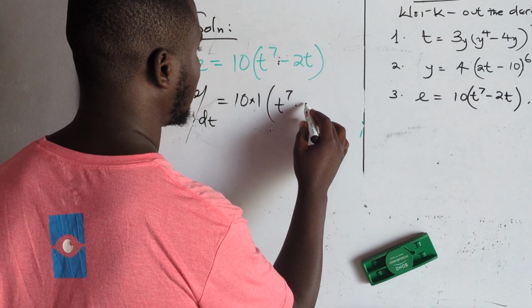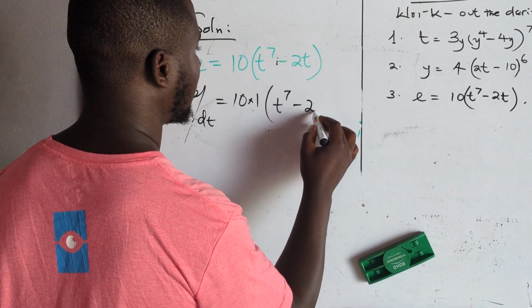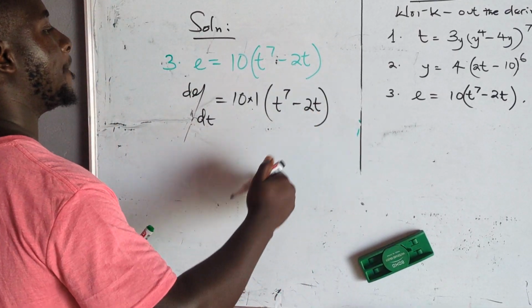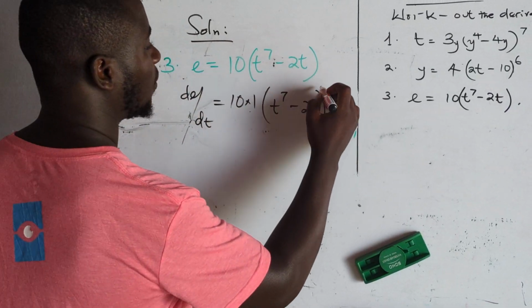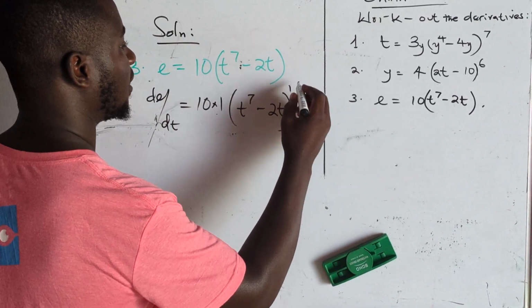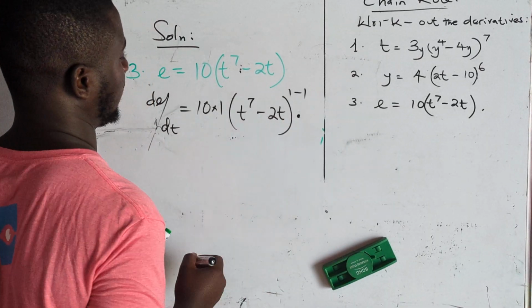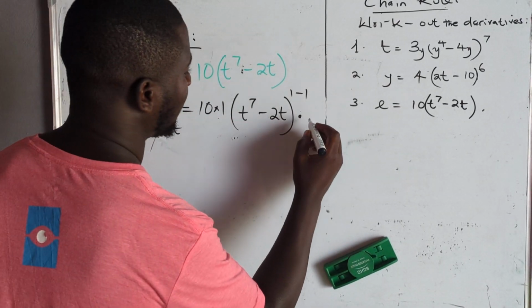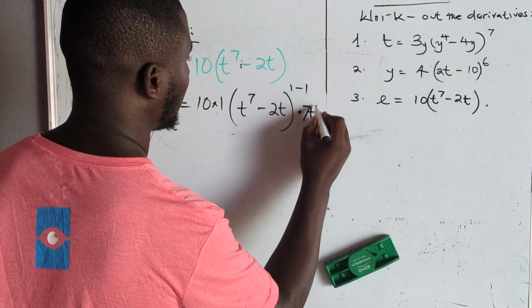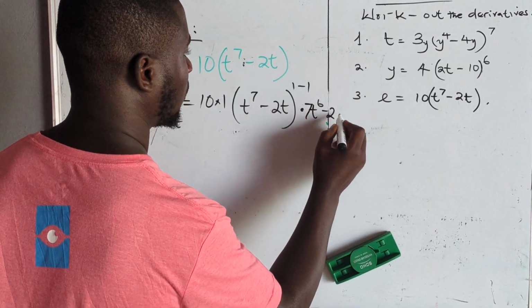Okay? Maintain the function the way it is. And you multiply by. So you say 1, which is that side, minus 1, like that. Then you multiply by the derivative of this, which is going to be 7t or 6 minus 2.